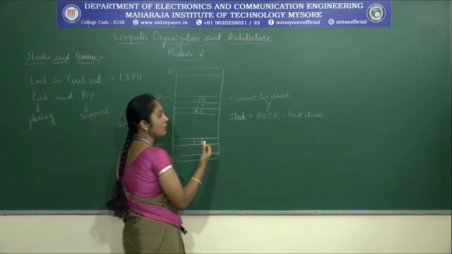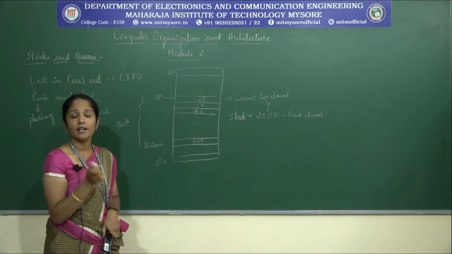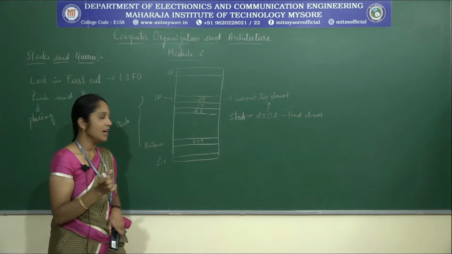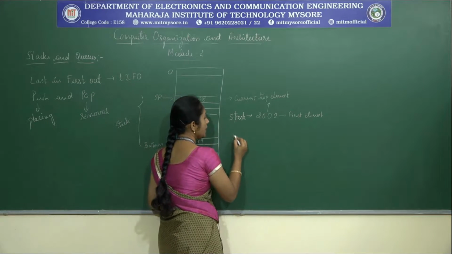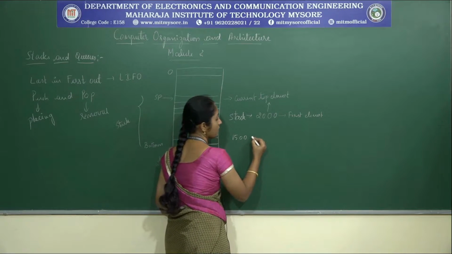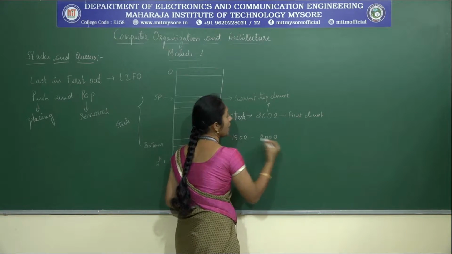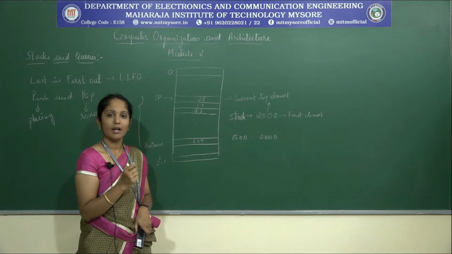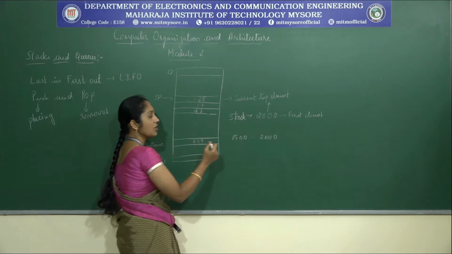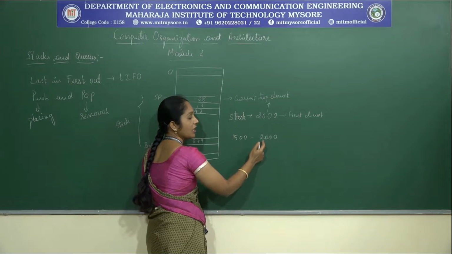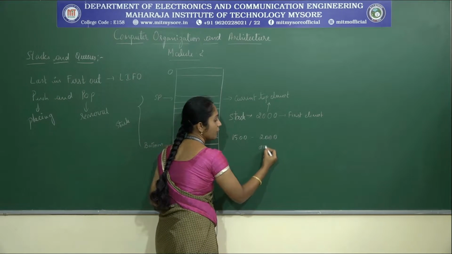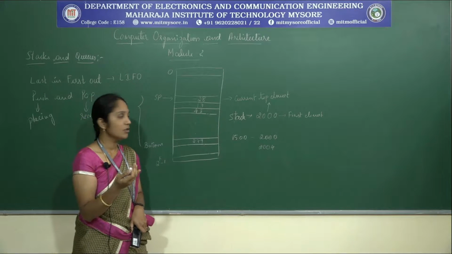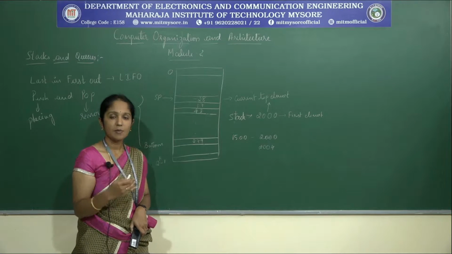If I want to define the stack segment and allocate 500 bytes, I'll assign the memory segment from 1500 to 2000 as the stack segment, and the elements have to be stored in it. The stack pointer will be pointing to 2004. Why? Because before adding data into the stack, the pointer is decremented by 4.